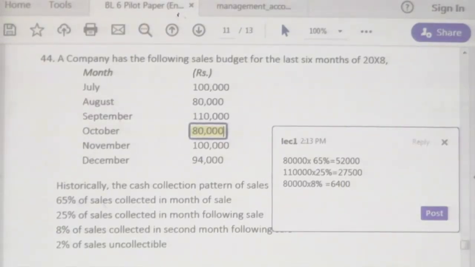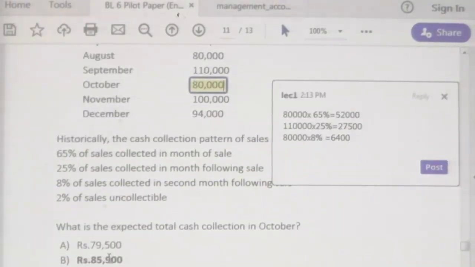Therefore, total collection will be 6,400, 27,500 plus 52,000. Total collection would be 85,900. Let's see. Yes, answer will be 85,900. That is the sum of these three values, right?